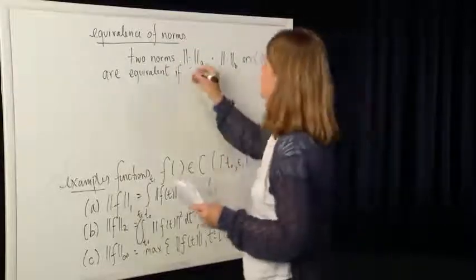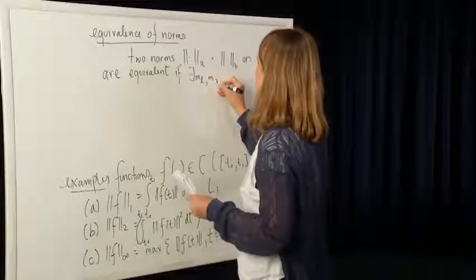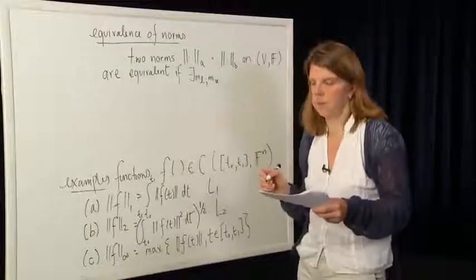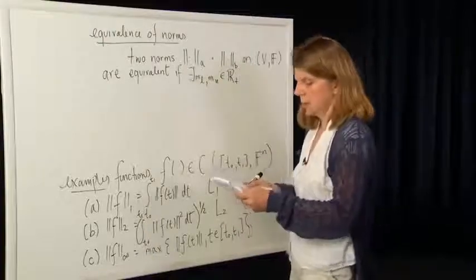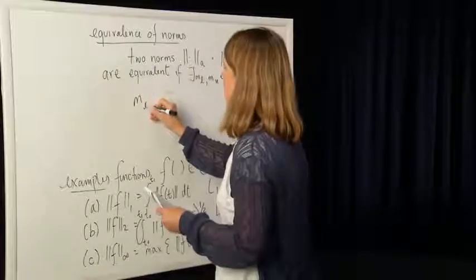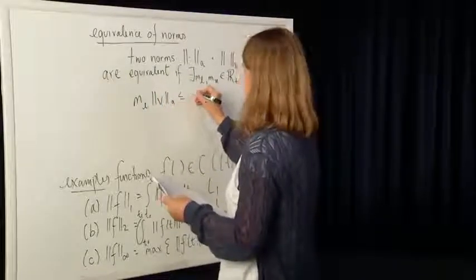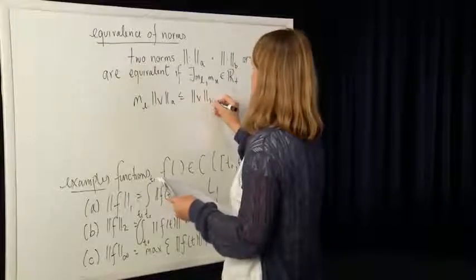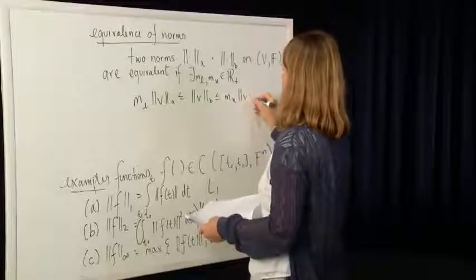So we write that as: if there exist constants, and I'm going to call them M_L and M_U for lower and upper bounds, and those are positive reals, such that the following is true: M_L times norm v_A is less than or equal to norm v_B, which is less than or equal to M_U times norm v_A.